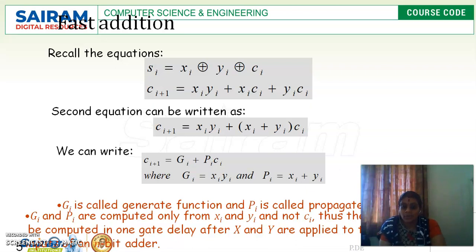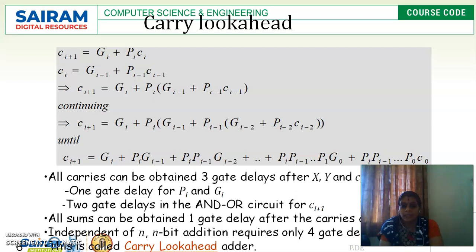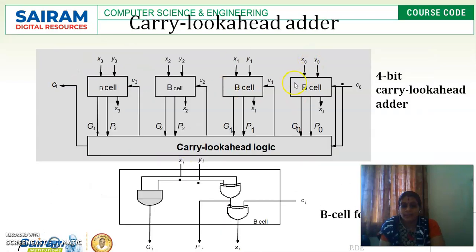So why are we talking about the gate delay? If you see this diagram, inside we are using gates. In the adder circuit we are having different gates. So to propagate the carry from one level to another level, it will take some time, right?